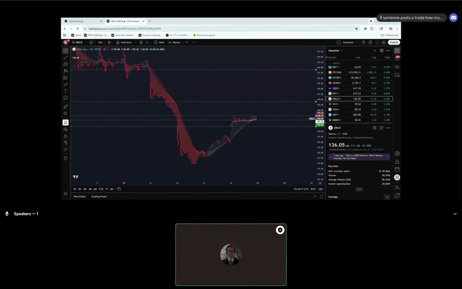So I'll probably type in the chat if I'm sizing with profits, if I'm using profits to take this trade, or if I'm just sizing small, right?